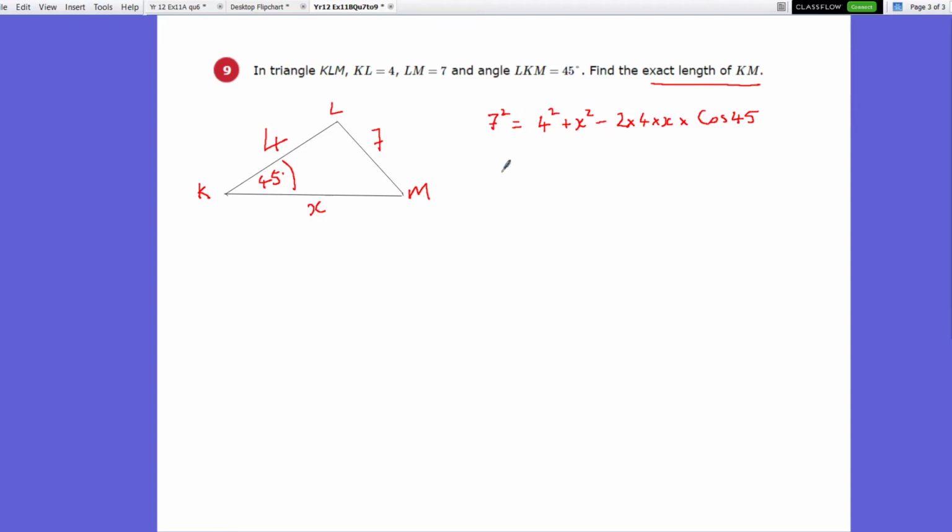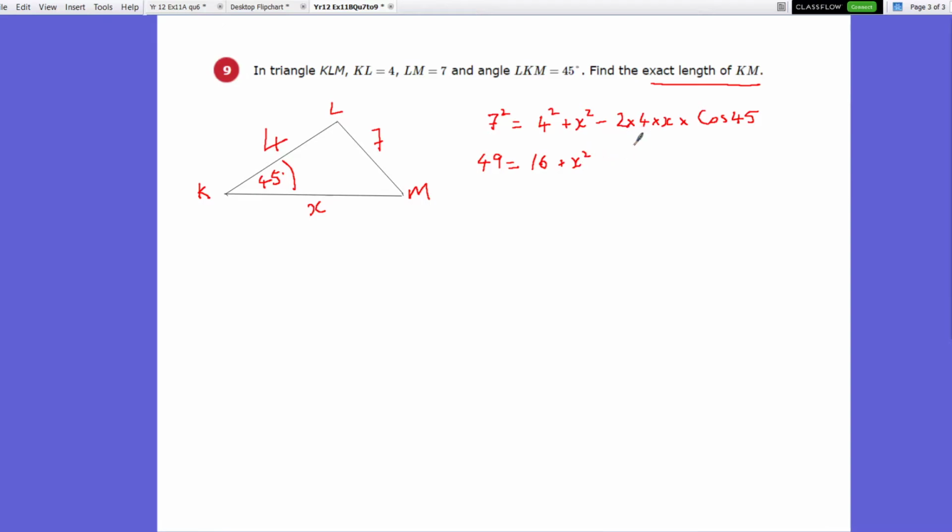Okay, so let's just put some values here. So we know that 7 squared is 49. Again, if you want to double check any calculations, you've got a calculator, it's a calculator paper, so don't worry about that. And 4 squared is 16. x squared is just x squared.